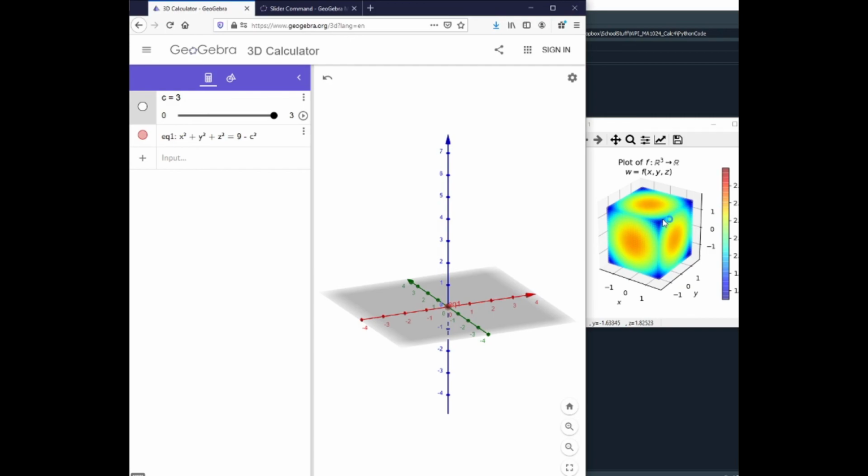But the idea here is that this is as good as it gets for visualizing the graph of a function of 3 variables, because the graph of a function of 3 variables lives in 4-dimensional space. So unfortunately, it's not super easy to visualize, but I think what I presented gives a nice description and an idea of where we're going.